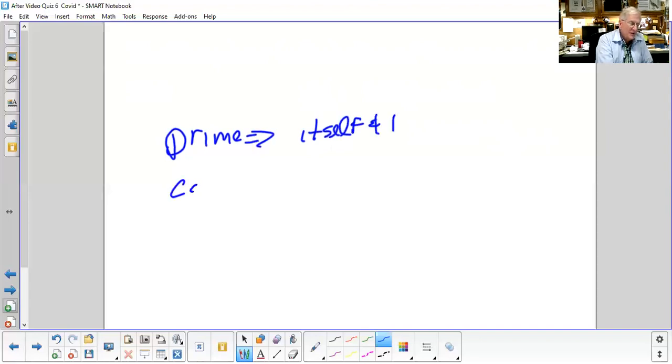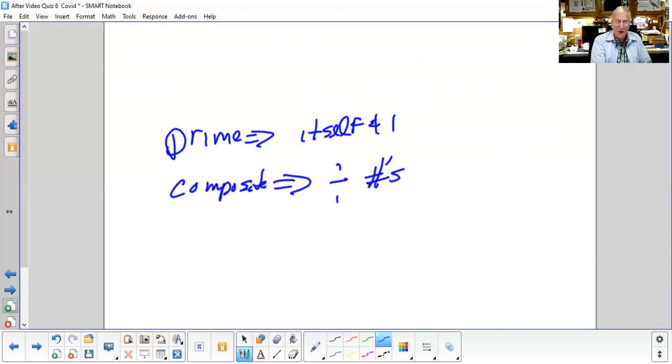If a number is composite, it is divisible by other numbers. Other numbers will go into it besides itself and 1. Itself and 1 will still go into it. However, other numbers also will divide into it evenly. So if a number is prime, it can only be divided by itself or 1.